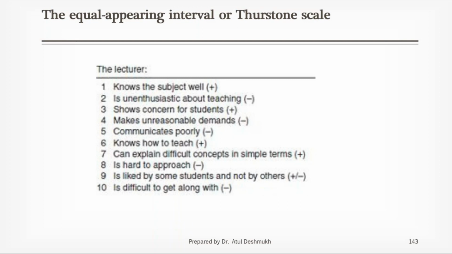That among the judges who are experts in the field, they do not have a unanimous opinion; the opinion is different. There should not be discrimination in the opinion, which means we will keep only non-discriminative items. In the Thurstone scale, we are keeping only those items which have non-discriminative opinions.